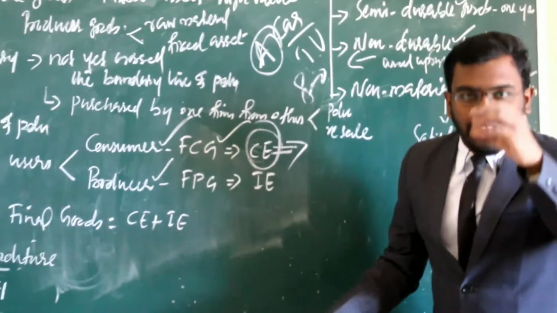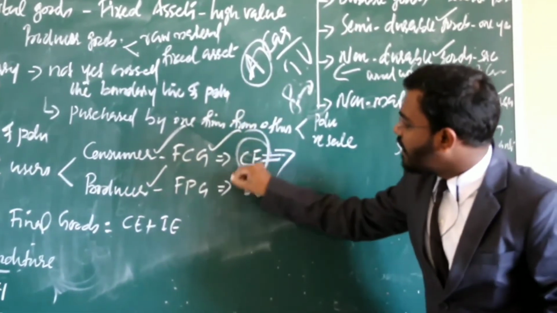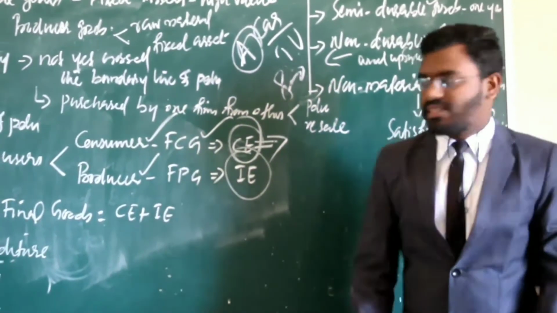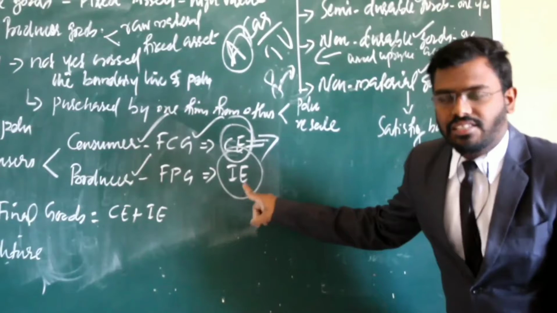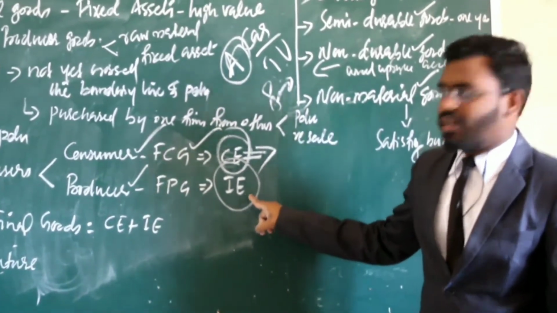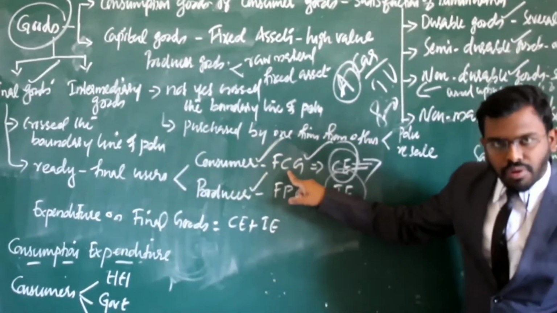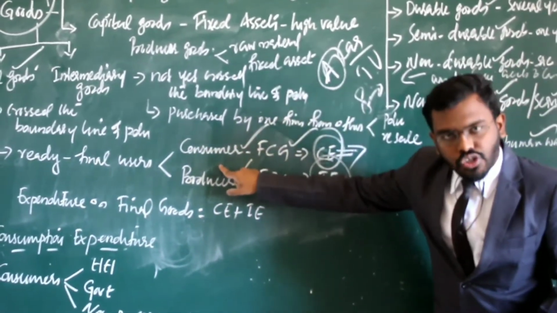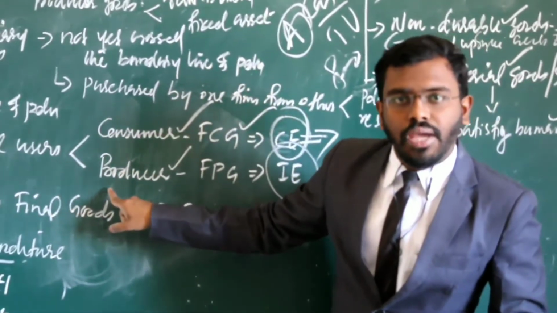If he spends some money for purchasing that machinery, that money is known as investment expenditure. So final goods are of two types: final consumer goods, demanded by the consumer, and final producer goods, demanded by the producer.